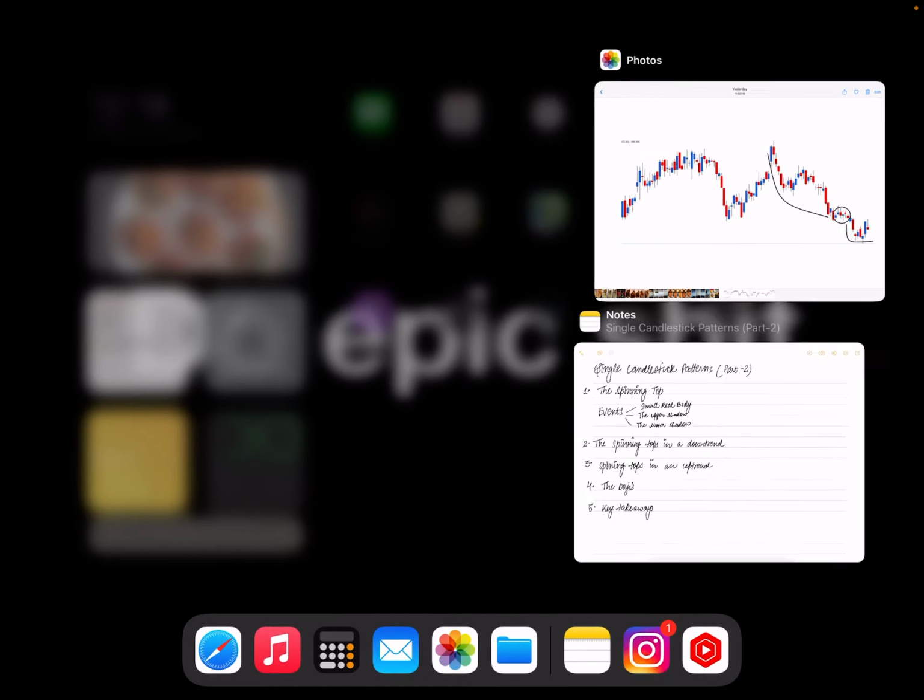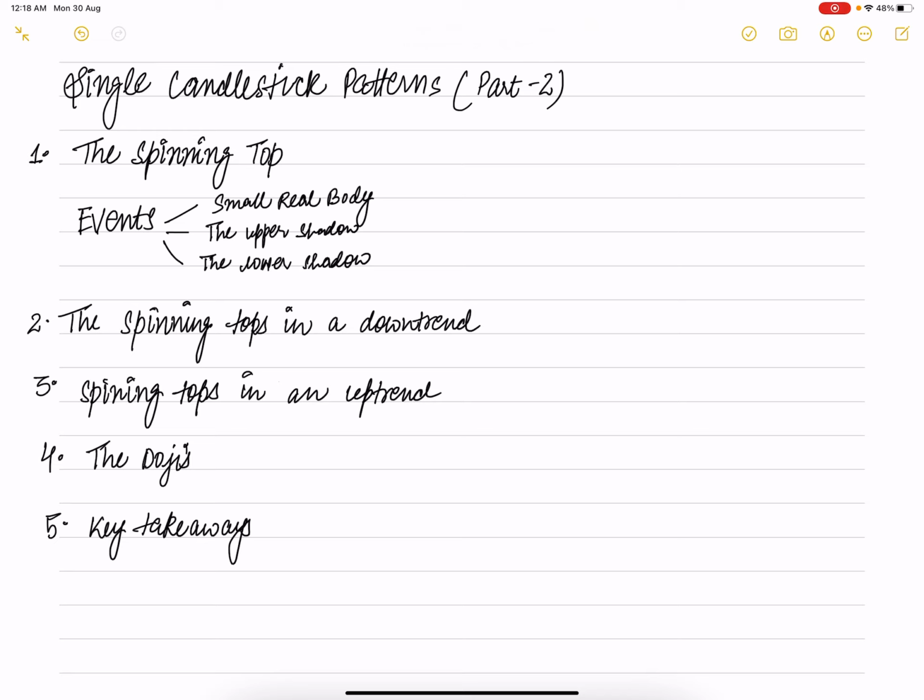Now coming to the spinning tops in an uptrend. So a spinning top in an uptrend has a similar implication as the spinning top in a downtrend, except that we look at it in a slightly different manner.